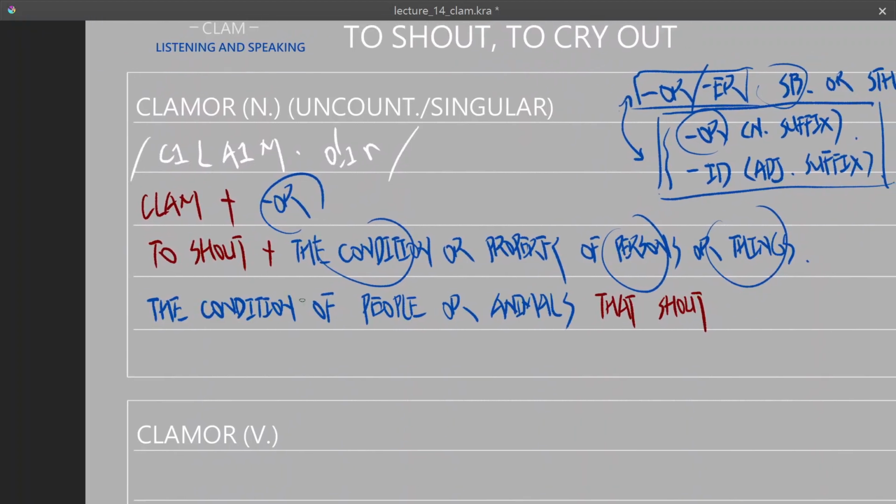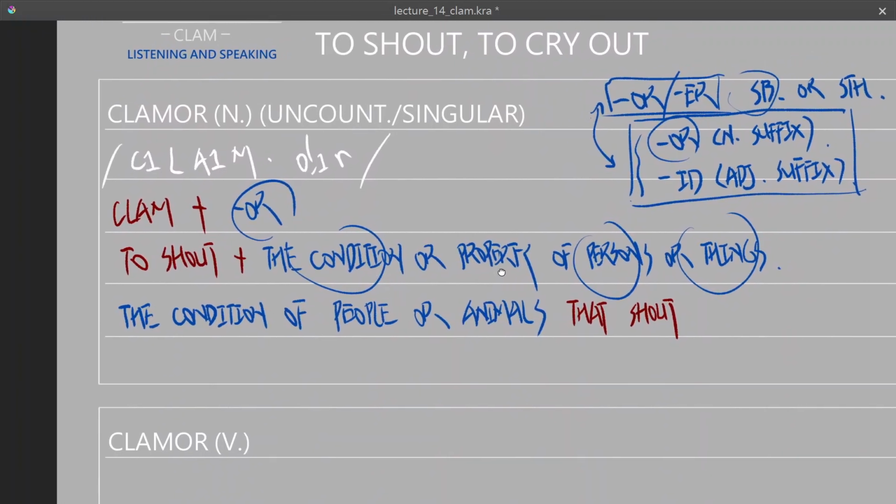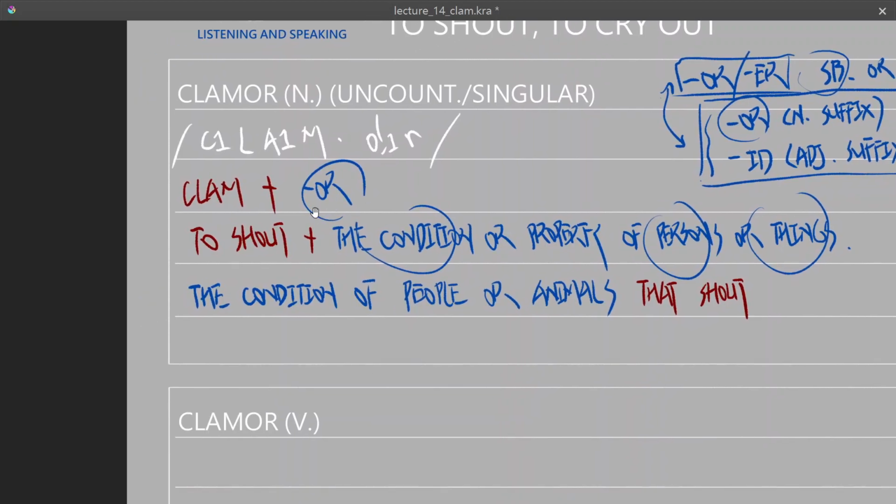So the condition of people or animals that shout, or clamor.